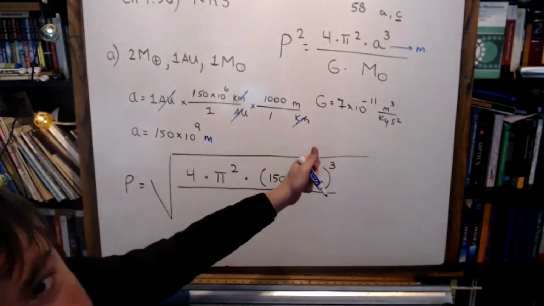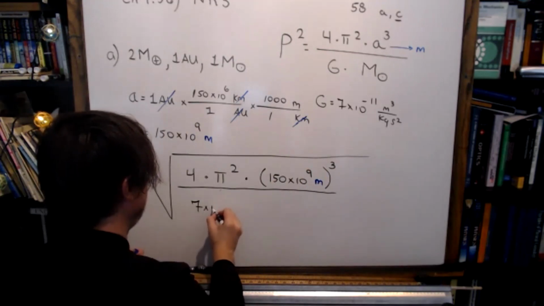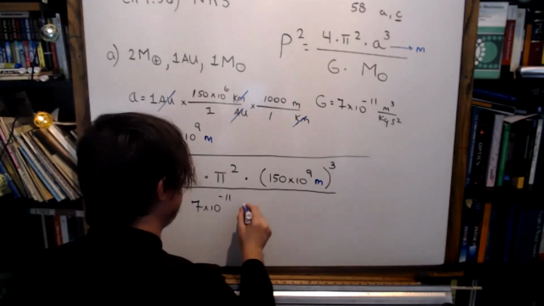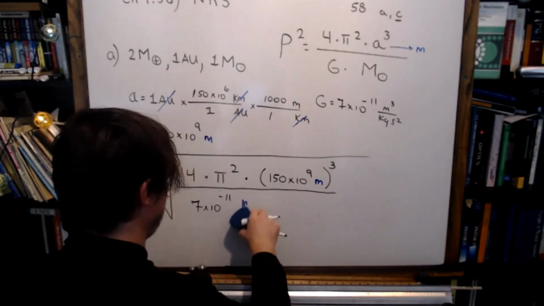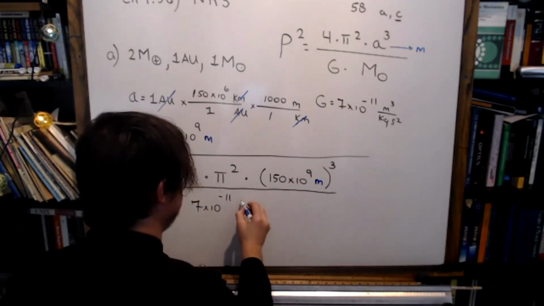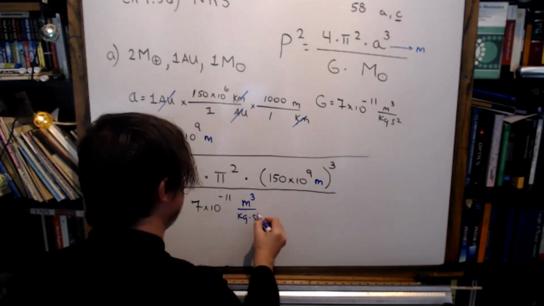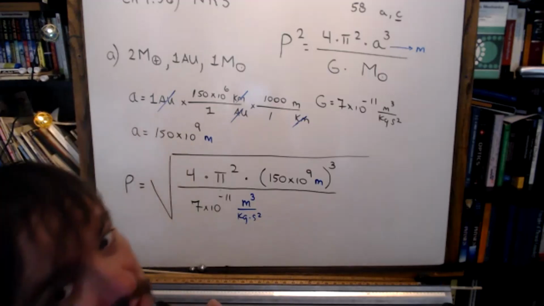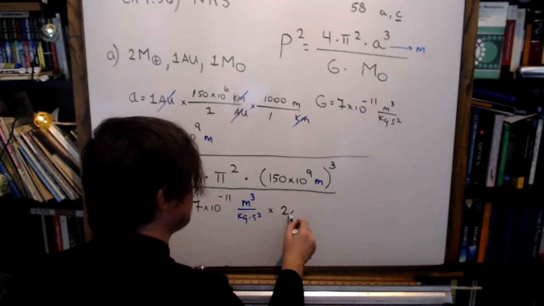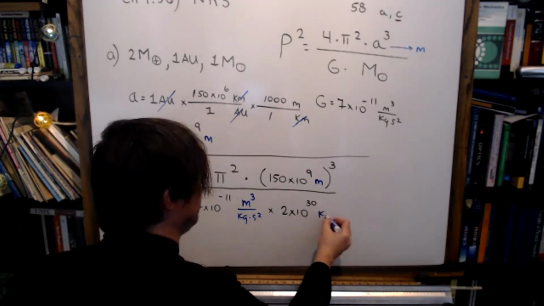I've got parentheses there for the units as well as the number. Divided by big G, 7 times 10 to the minus 11, and that's meters cubed per kilogram per second squared, times the mass of the sun, two times 10 to the 30 kilograms.